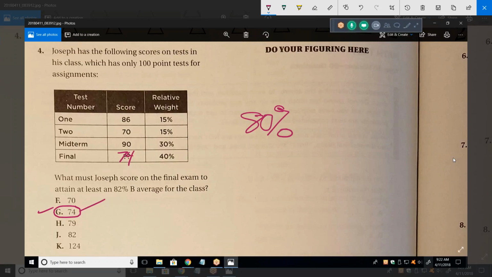The next best number to try is J, because when you try J, you will have the answer regardless. For one thing, you've eliminated F, right? You know you have to go bigger. But if we did 79 and we still had to go bigger, I would have to do another calculation. Whereas if I do 82, and I see that that gives us an average of 84%, well, now I know 82 is too big, 74 is too small.